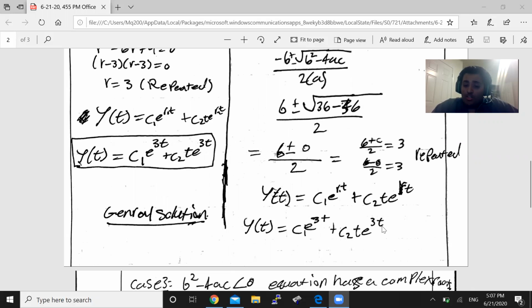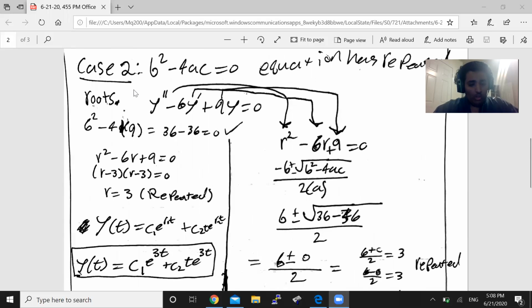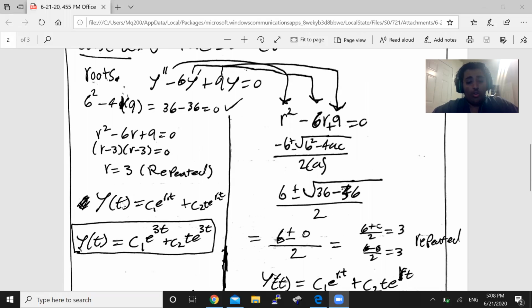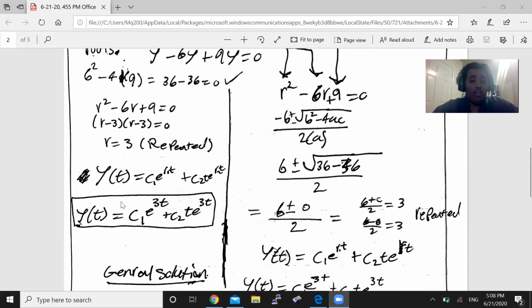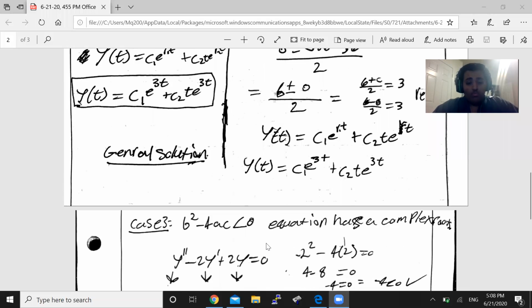Just plug in the 3s where they belong in the r's, and that's the general solution. My second way did the exact same thing, where I just factored it. I got r minus 3 twice, and I said r equals 3 repeated, used the same equation, and just plugged in the numbers. That's also the general solution.